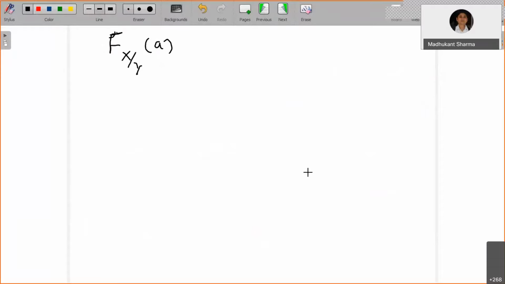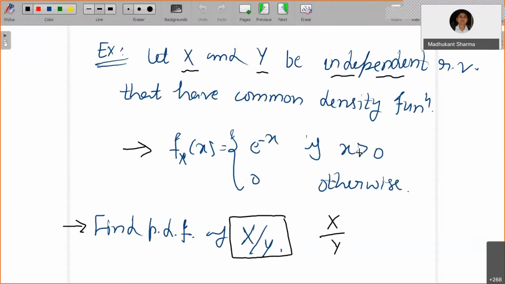Whenever a is less than 0, I need not worry about it, I can certainly say that it is 0. So I'm only working with a strictly greater than 0.